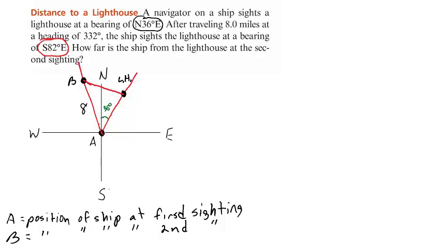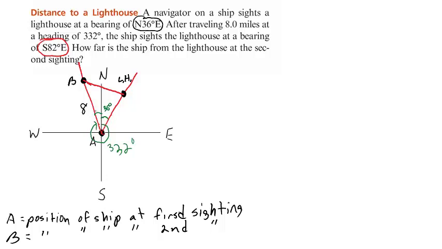I also know that the big angle here is 332, right? But I don't think I want that one. I think I want the little one because it's inside the triangle, isn't it? So what would be the leftover amount? It would be 28 degrees left over because a full rotation from the north would be 360 degrees, right?